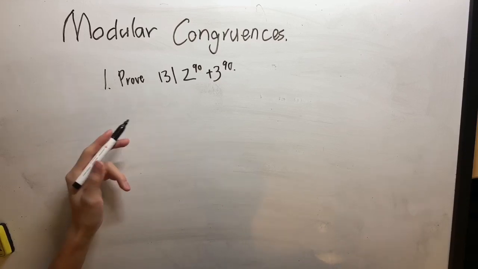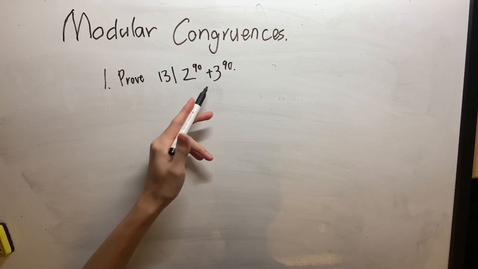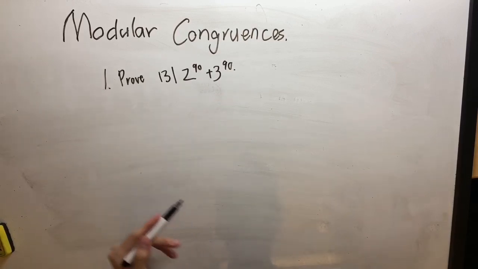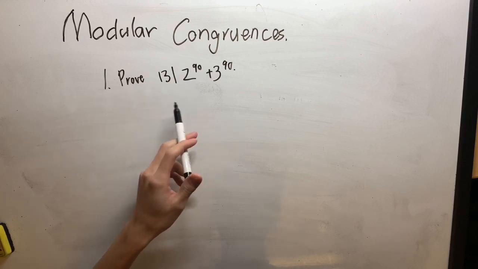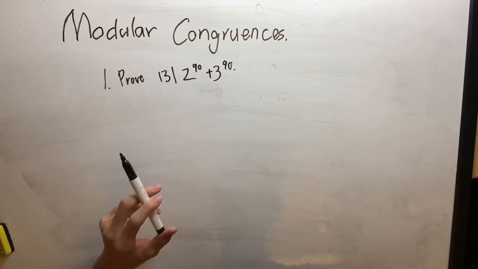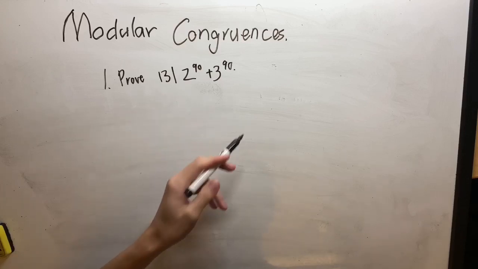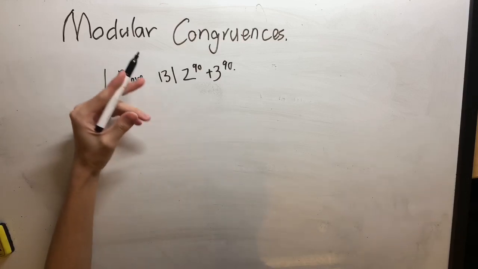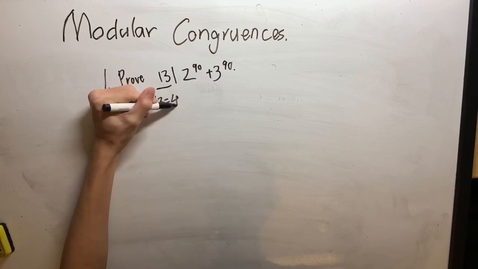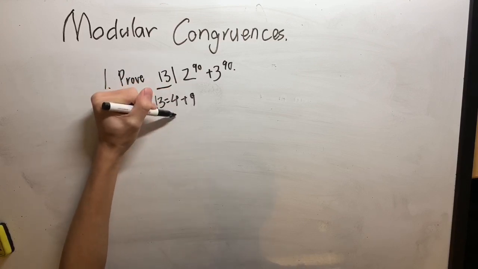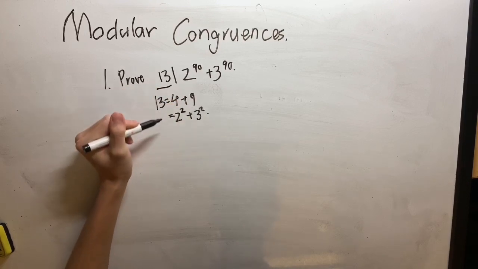The first one is to prove that 13 divides 2 to the 90 plus 3 to the 90. I didn't put this question under the divisibility topic because this can be solved by congruences easily. So first, you look at 13. 13 equals 4 plus 9, which is 2 squared plus 3 squared.